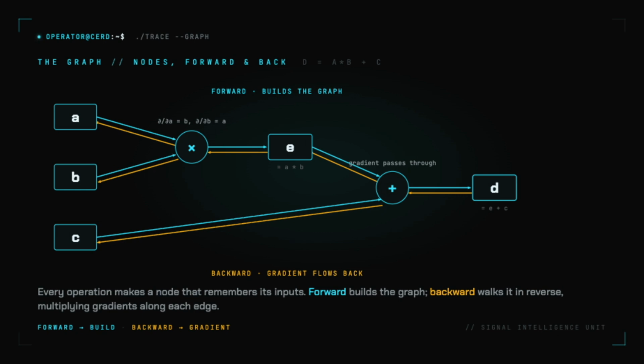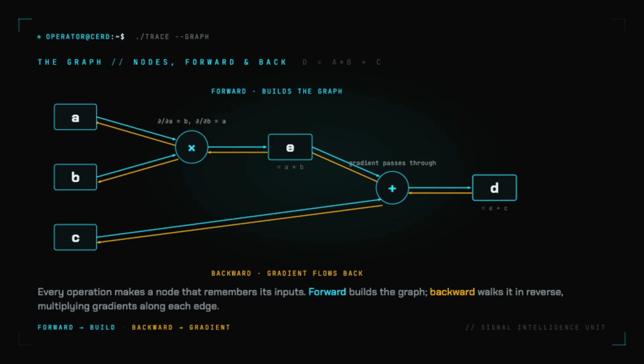The less confusing way to remember it is: the rates multiply as they chain. So to figure out how some deep input affects the final answer, you multiply the slopes along the path. That's less confusing for me, might be more confusing for you, I don't know.